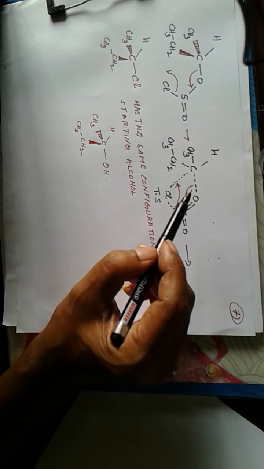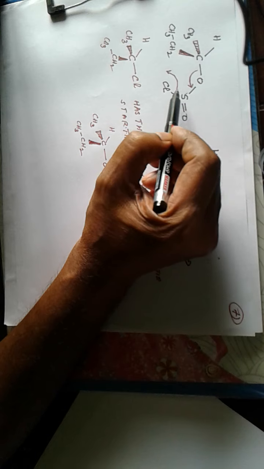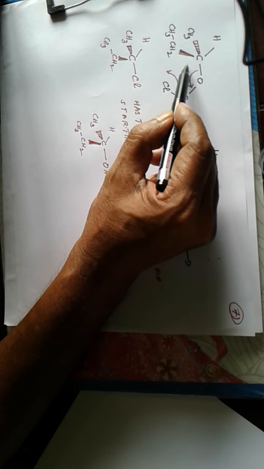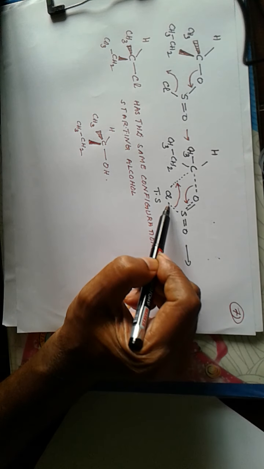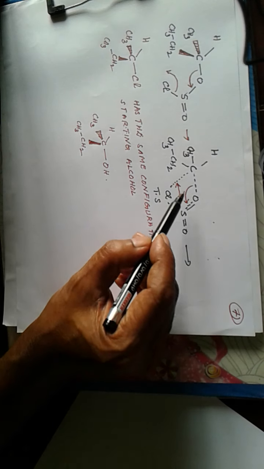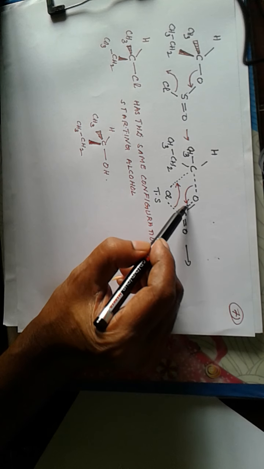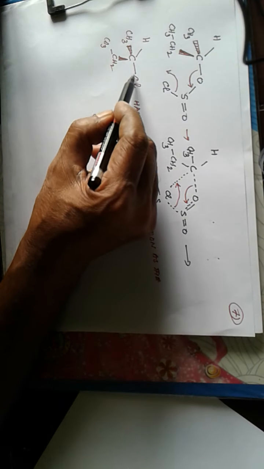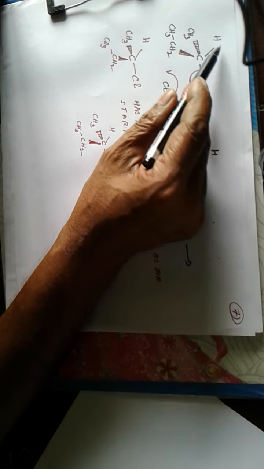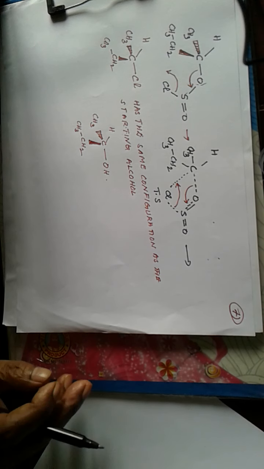So we get a transition state in which this bond is partly broken and this bond is partly formed. So partial bond here, partial bond here, partial bond here, and partial bond here. Then after the formation of the transition state, there is complete removal of these partial bonds, and we get chlorine here, and the alcoholic part here and the chloride here have the same configuration. So it is called retention in configuration.